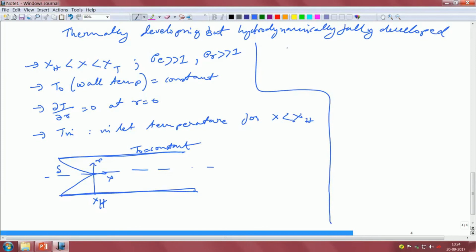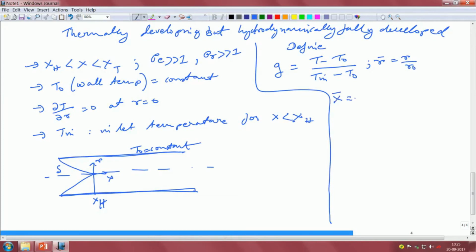So, based on this, let us start to define G equal to T minus T naught divided by T_in minus T naught, where T_in is the inlet temperature. R bar is equal to R by R naught. This you are already familiar with.